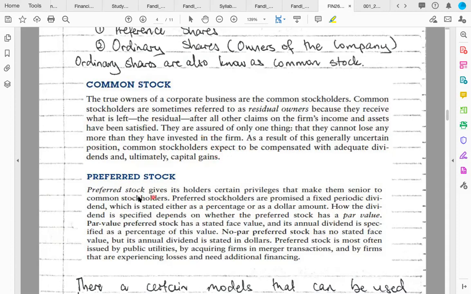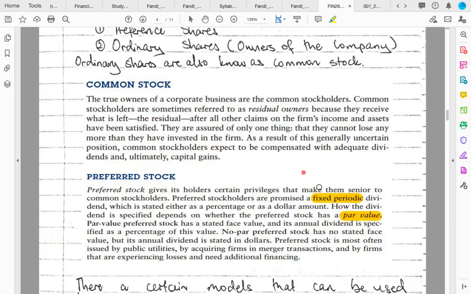And then on the other side, we have preference shareholders. Preferred stock gives its holders certain privileges that make them senior to common stockholders. Remember, preference shareholders are promised a fixed dividend, regardless of whether the company makes profits or not, and the dividends are calculated based on what we call a par value.